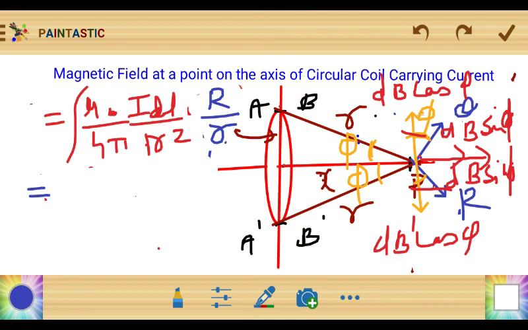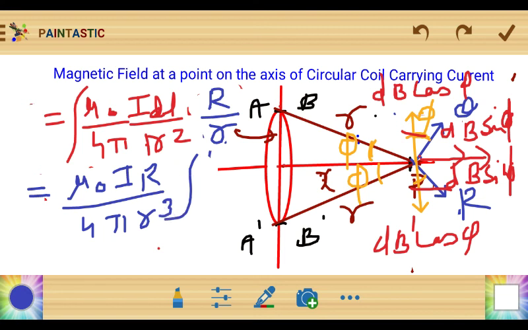So mu 0 I R upon 4 pi r cube, integral dl. Now integral dl means the length of the circular loop, and we know the length of the circular loop is how much? 2 pi r, the circumference. So we substitute that value. Integral of dl is 2 pi R.